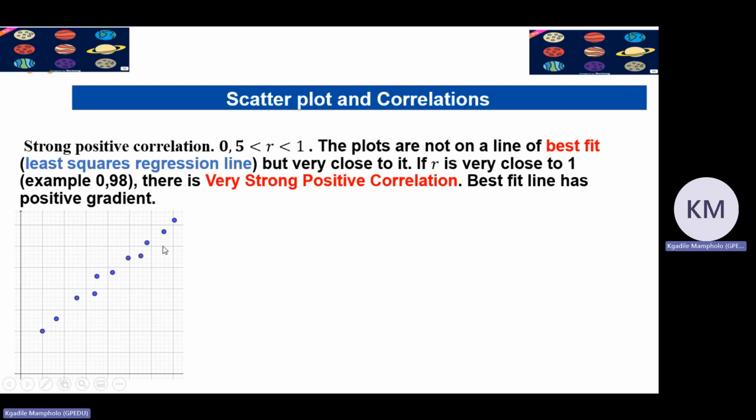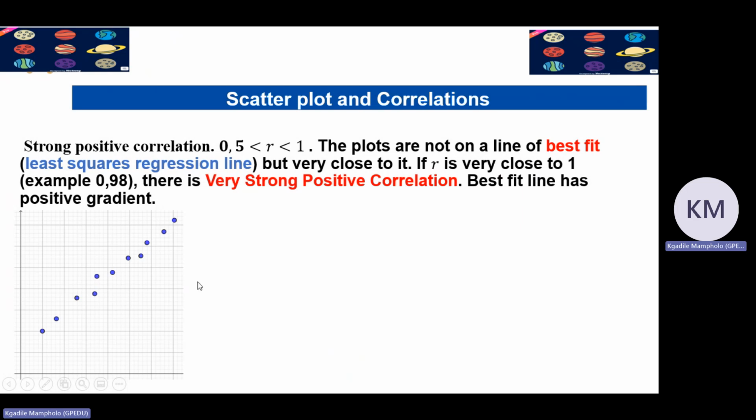You can see that it still fits a straight line, even if not all the plots are on the line, because there's that upward trend, the direct relationship: as the values on the horizontal axis increase, the values on the vertical axis also increase.